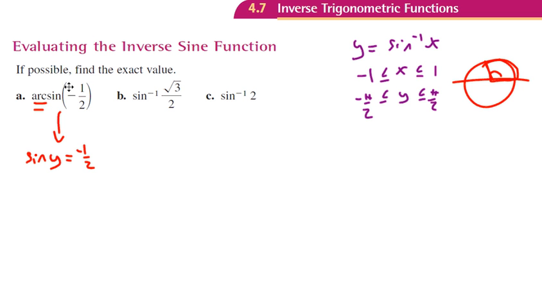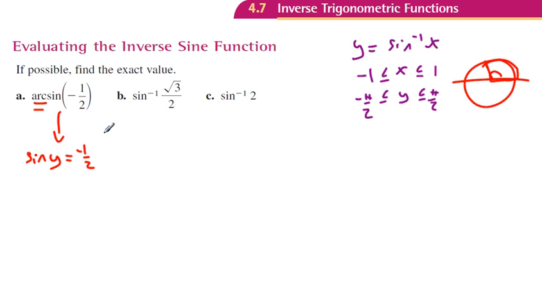So in this problem, arc sine of -1/2 means the sine of what angle is -1/2. Notice how I didn't say sine of x, because the x values are no longer our angle values. Those are our output, or our numbers. So the sine of what number is -1/2?